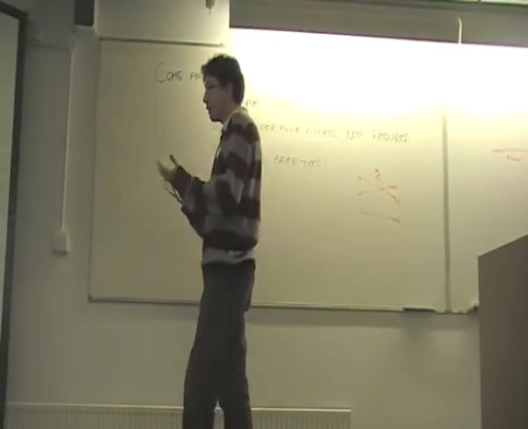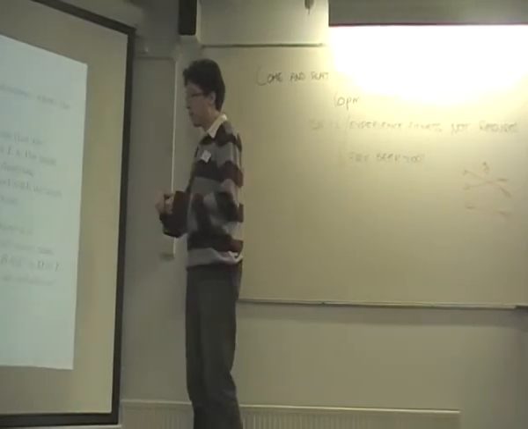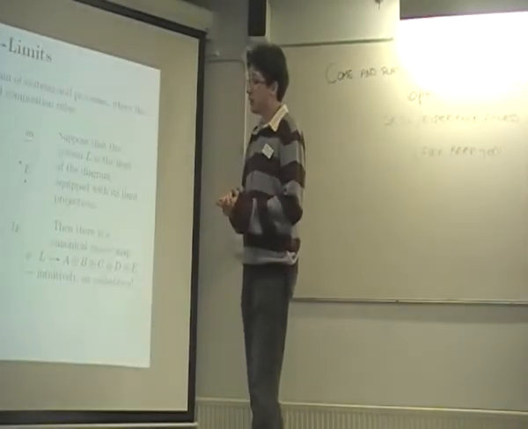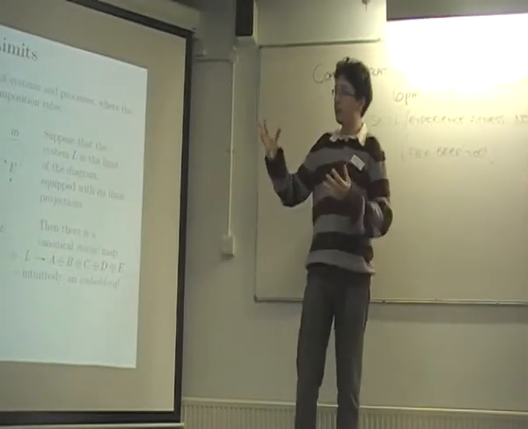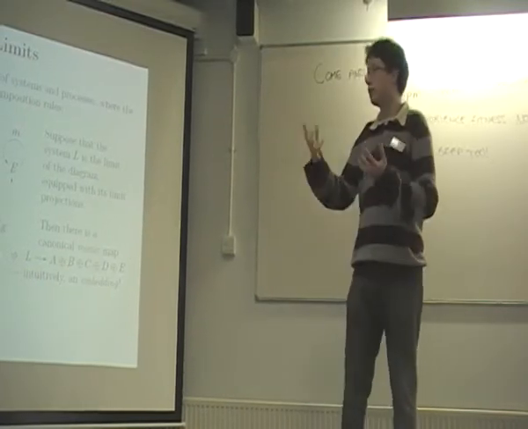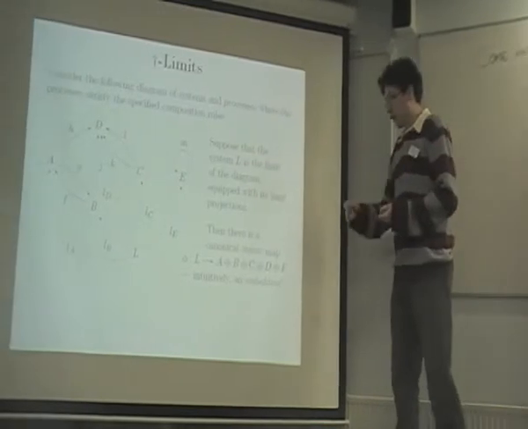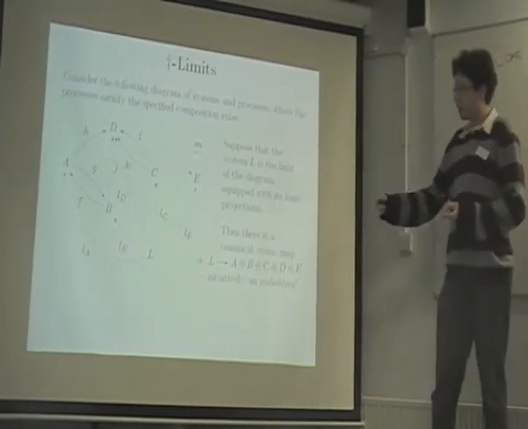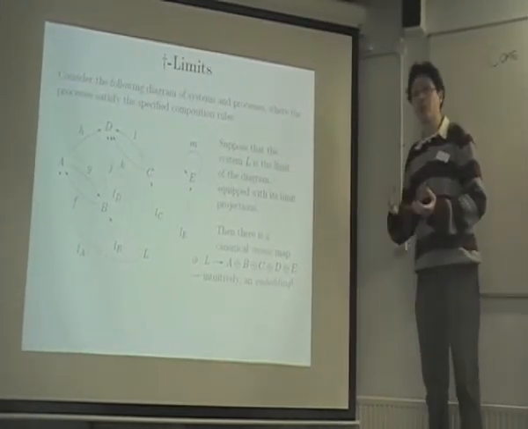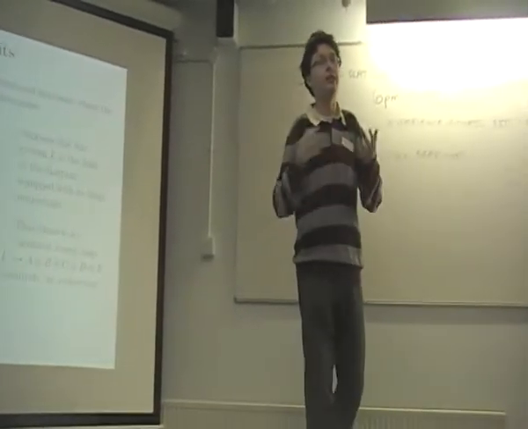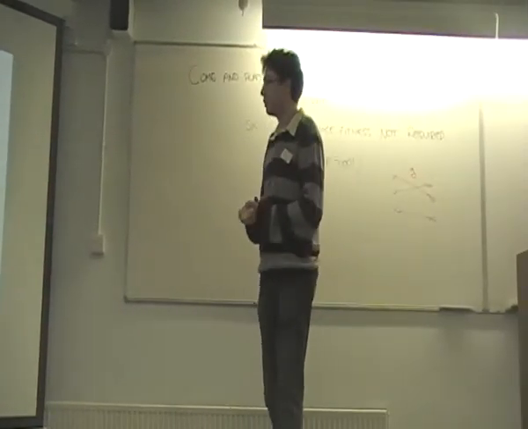We can see this object L as a set of states of A and B and C and D and E which are somehow invariant under these processes. So this is naturally a subspace of, I've written this as the direct sum, but you might want to think of it as the Cartesian product. It turns out that the Cartesian product is a direct sum, so I'm sort of abusing notation here.